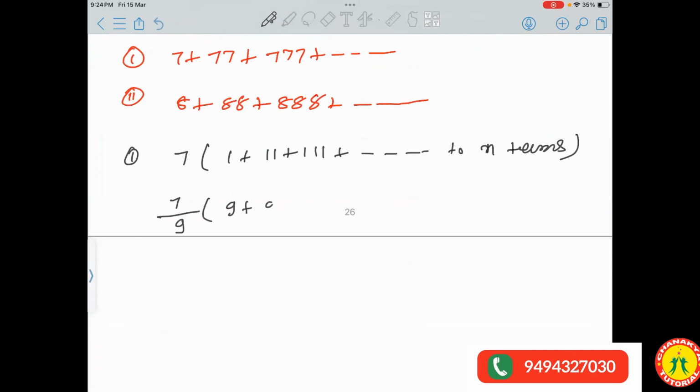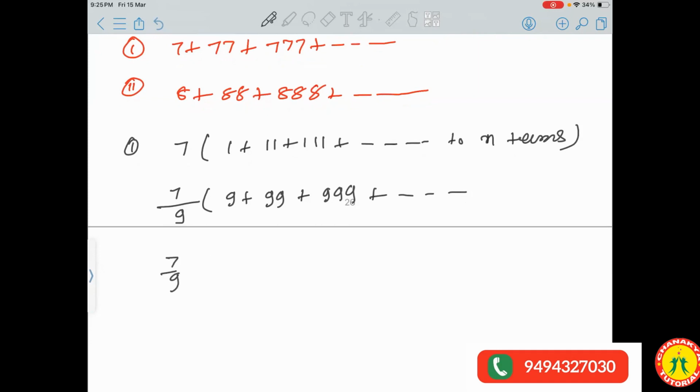Why? Because then we can convert it into a sum of GP. So we write 9 as 10 minus 1, 99 as 100 minus 1, and we can apply the Sn formula of GP.